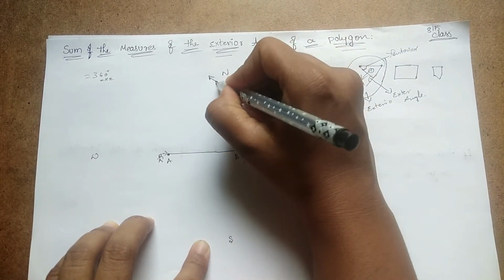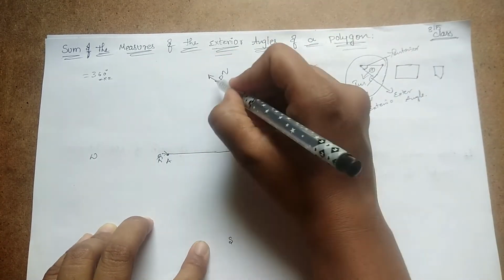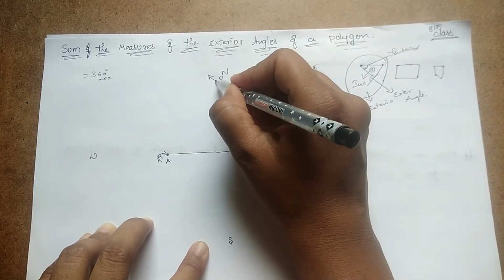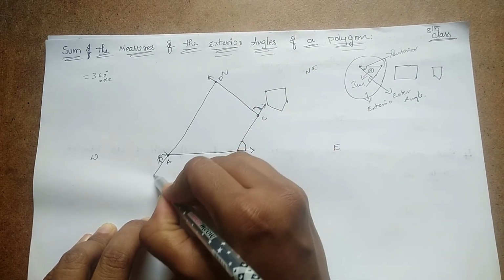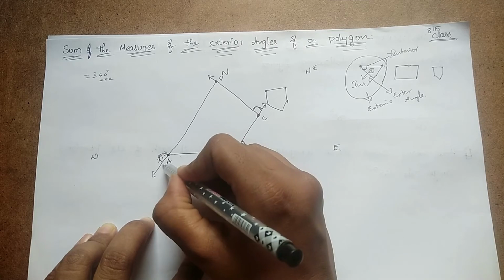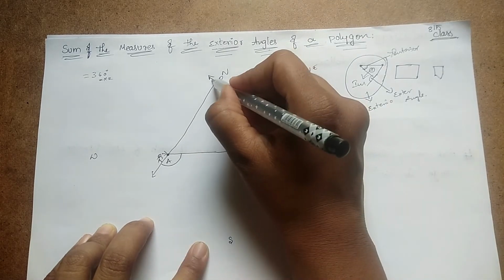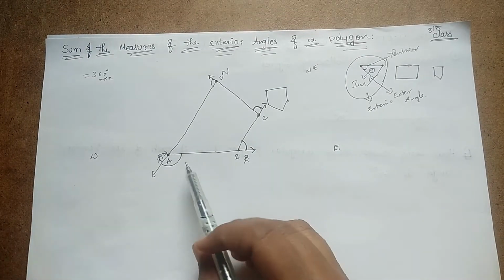Same procedure, let it be point D. Then I come back to my original position A. Here also there is some angle. So here we get four angles.